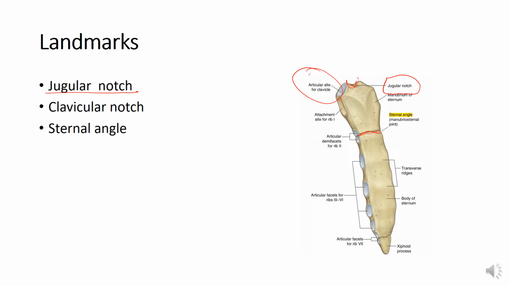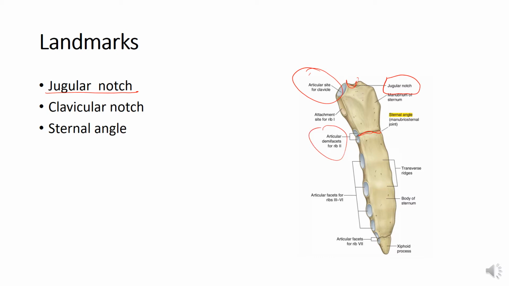Now this is the sternal angle which is lying at the manubriosternal joint. This is the manubriosternal prominence, and the clinical significance of this manubriosternal joint or the sternal angle or the angle of Lewis is that the second rib gets attached here.